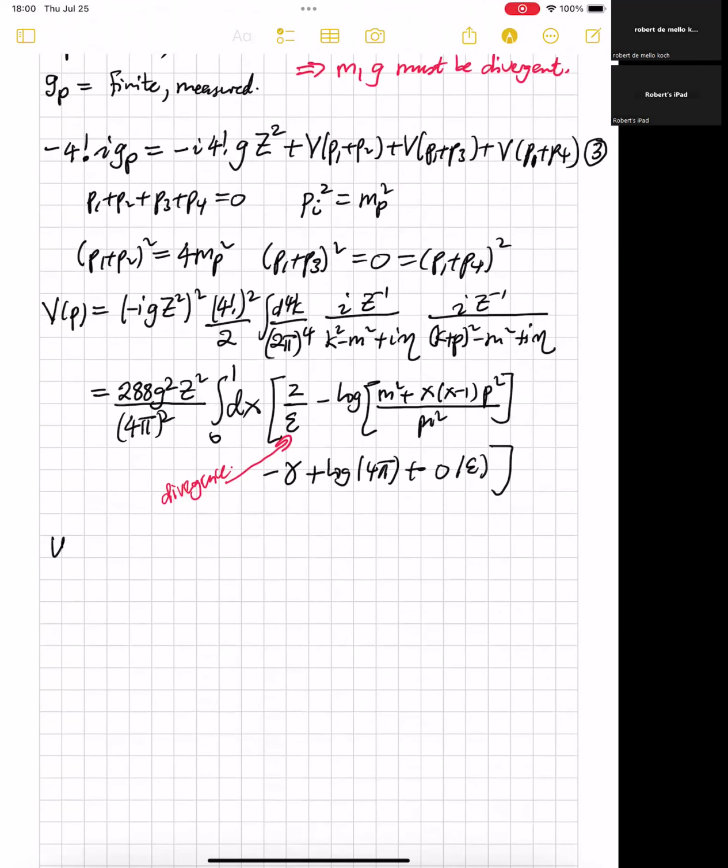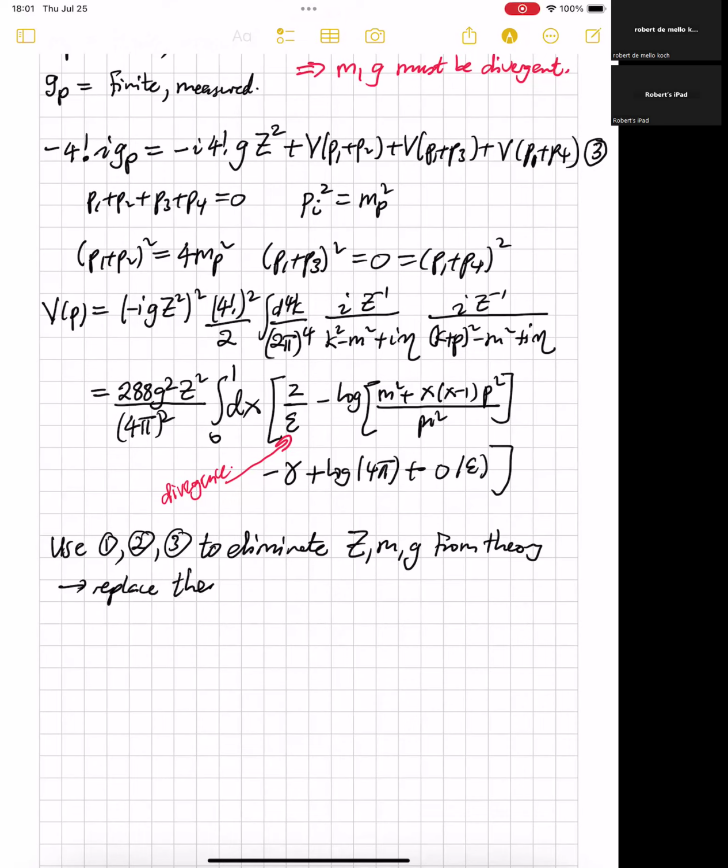We are going to use 1, 2, and 3 to eliminate Z, M, and G from the theory completely, and we will replace them by the physical mass and the physical coupling. Okay, so that's what we want to do.